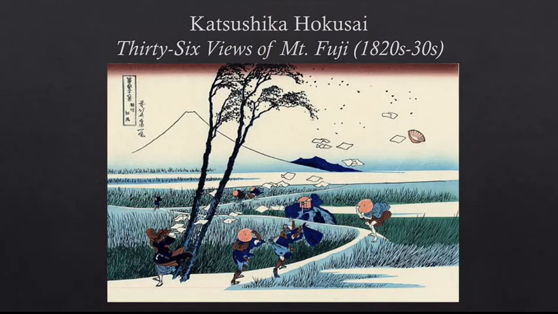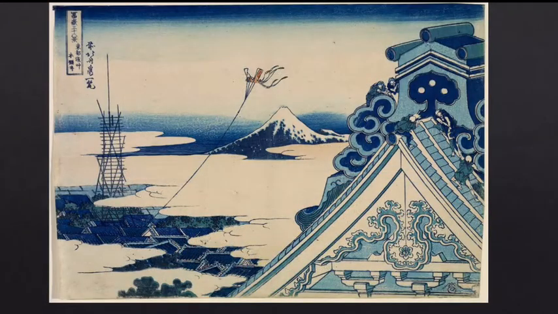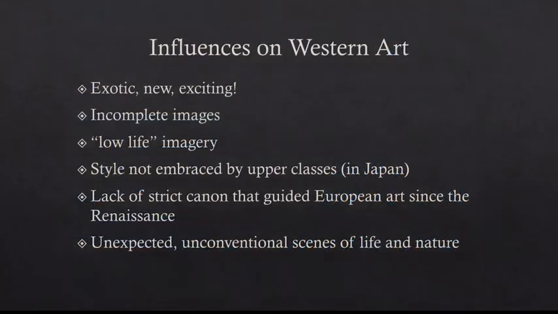Japanese art itself was not dominated by European canon. It was not subject to the same type of rules that Europeans had embraced. These images are oftentimes very incomplete with really substantial images at the foreground, but those substantial images oftentimes are not the most important things in the scenes themselves.